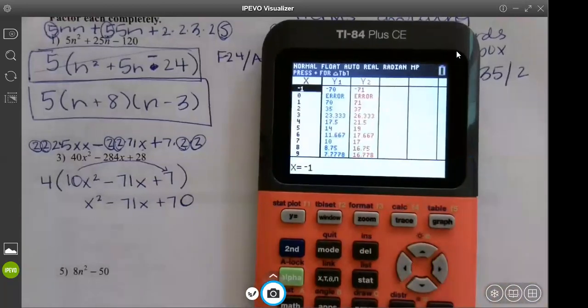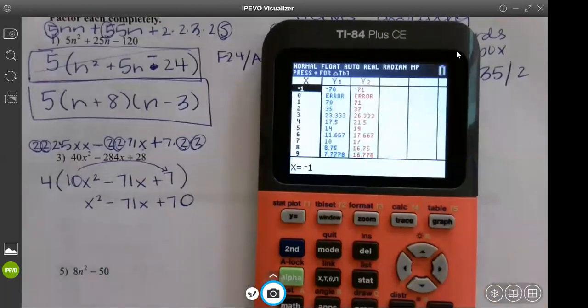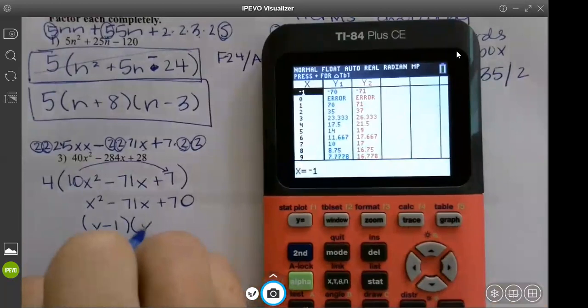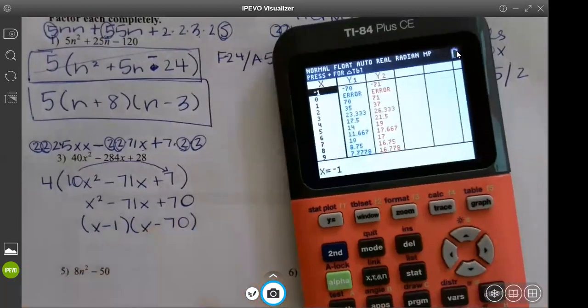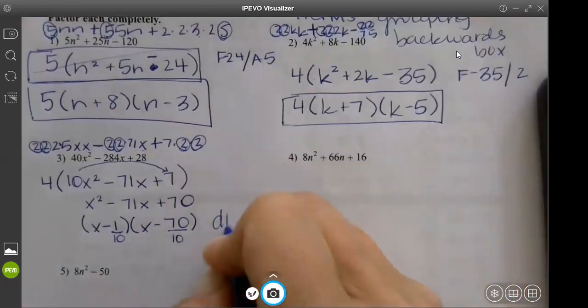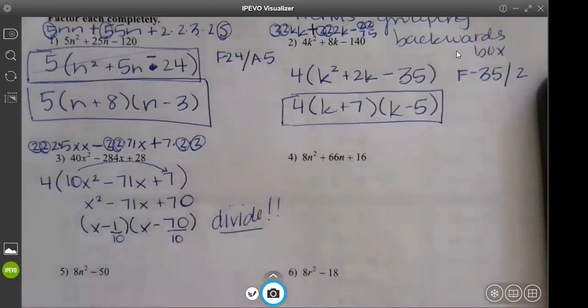So there should be my factors. What are my factors of 70 that add to negative 71? Negative 1 and negative 70. And then I did slide. Now I have to divide. Don't forget to divide. All right.